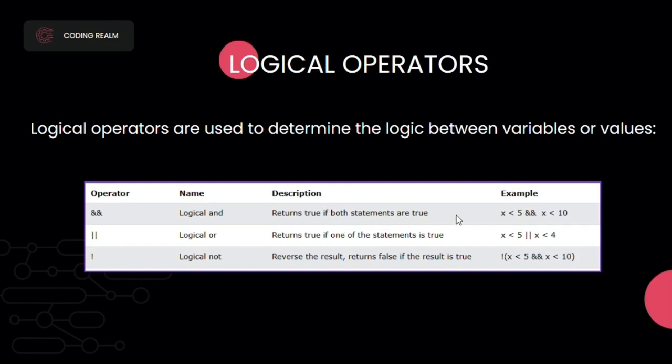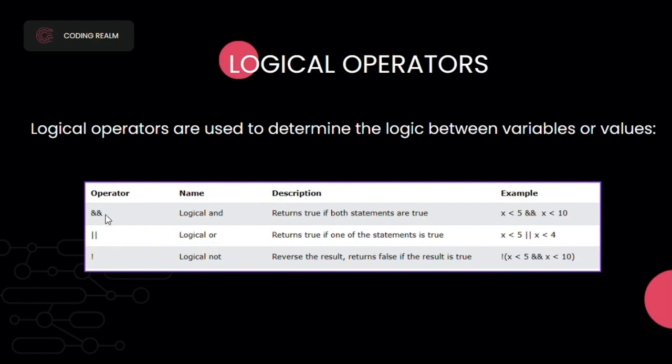For example, x less than 5 and x less than 10. The two ampersands in programming mean AND. This condition is true: x is less than 5 and it's less than 10.